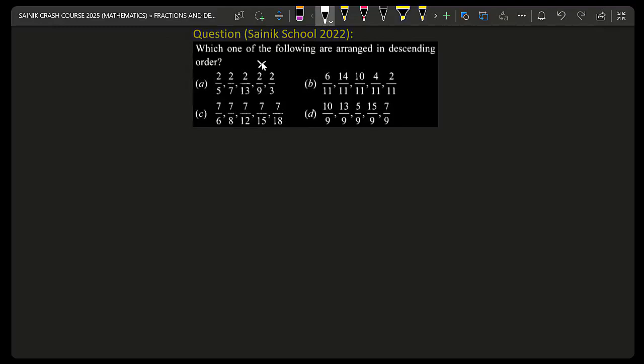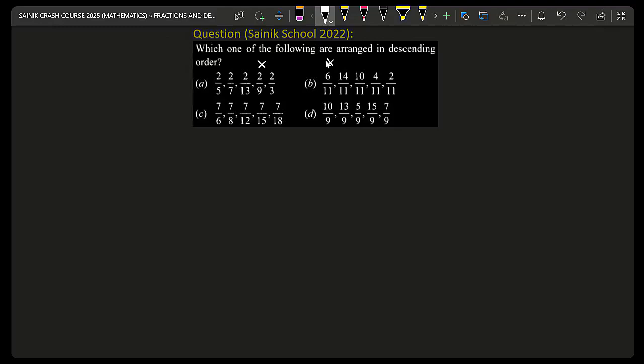If denominators are equal, what can we say about the numerator's value and the fraction value? Lesser the numerator, lesser the value. Greater the numerator, greater the value, right? So we want descending order, so we want the greatest numerator first. Sir, 14 by 11 should be first, but it is given second. So this is not the correct order.